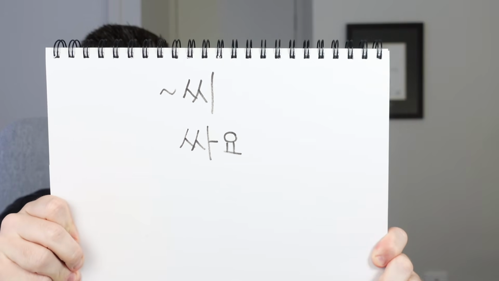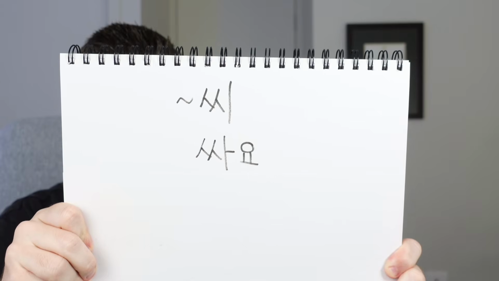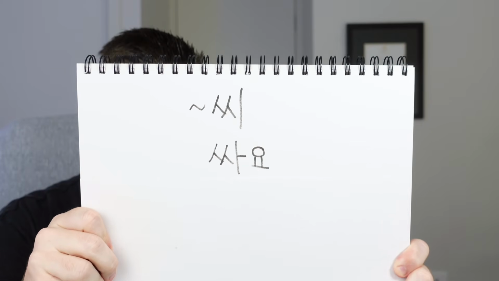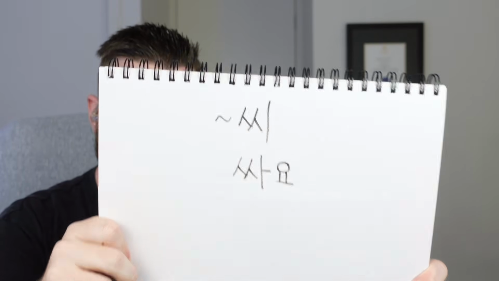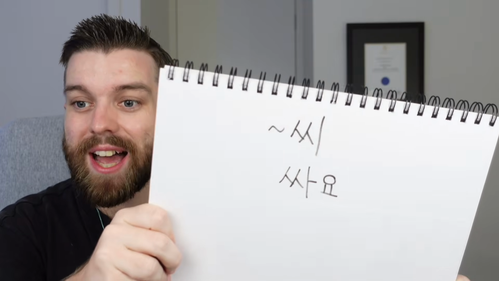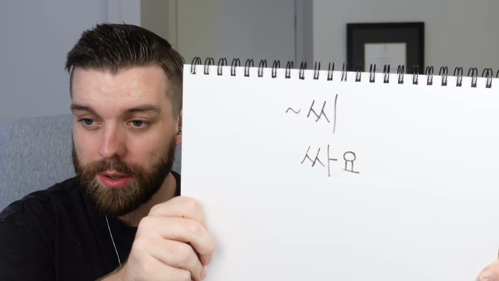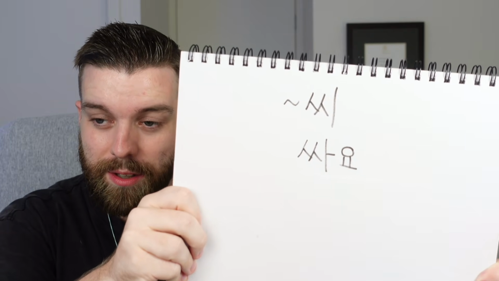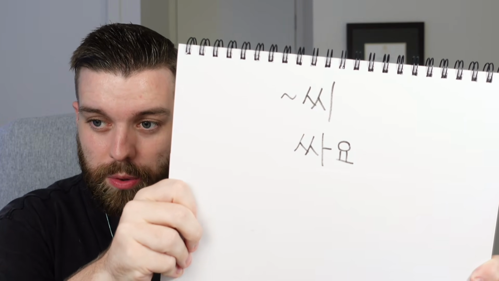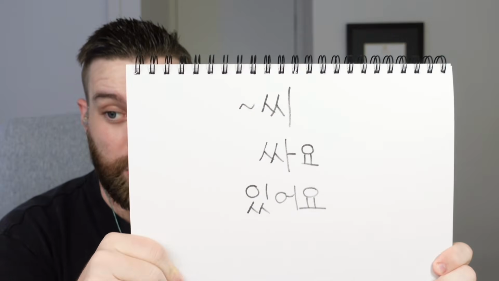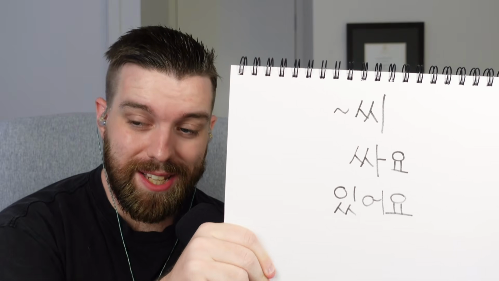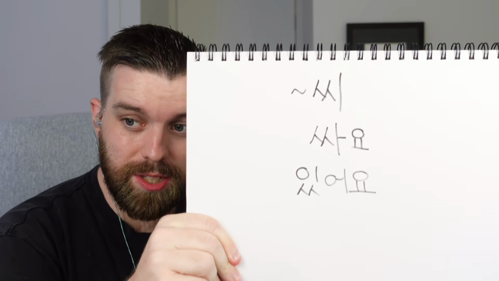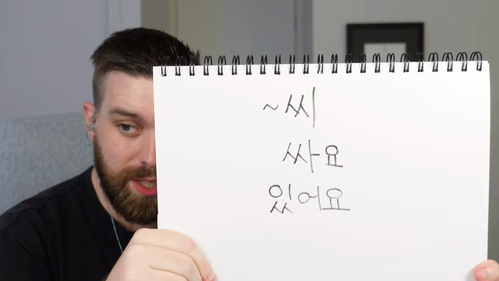If we move down, 사요. You can see already how they're making different sounds. Not 시, but 시. Not 사요, but 사요. You'll see this a lot as well. 있어요.